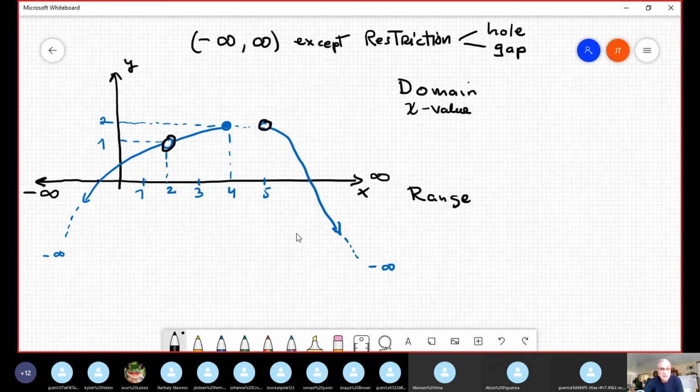Okay. So in order to find the domain, I recommend picking an arbitrary point on the curve, because for the x value you project this point onto the x-axis. I can see that the domain is here.